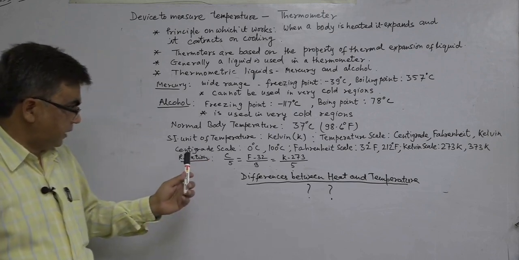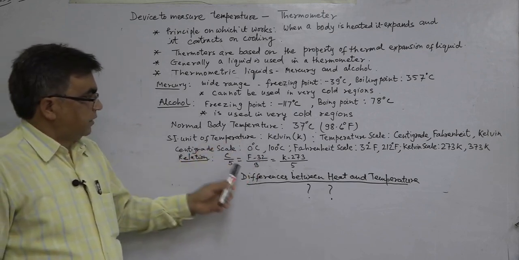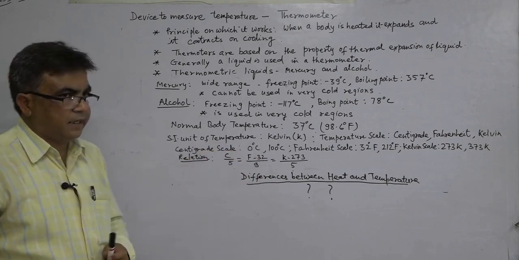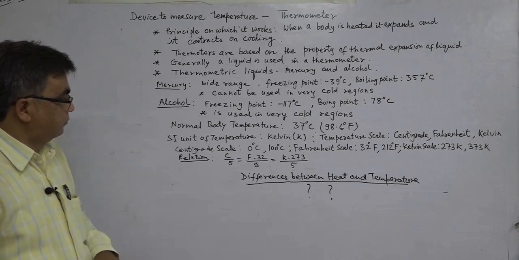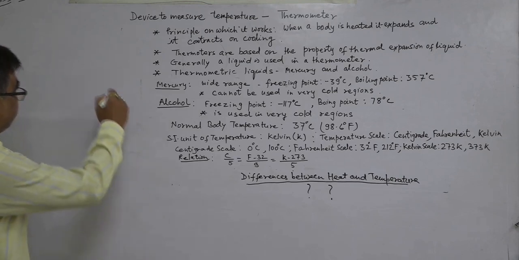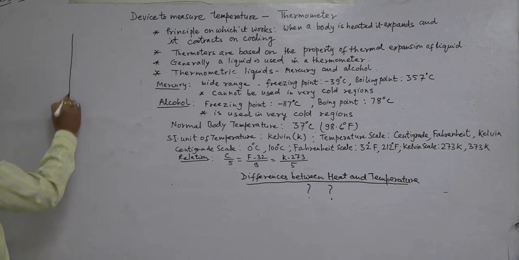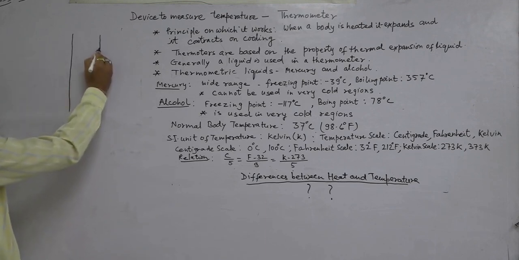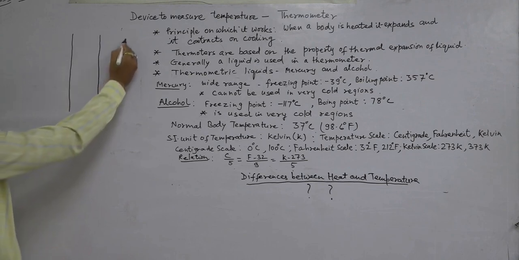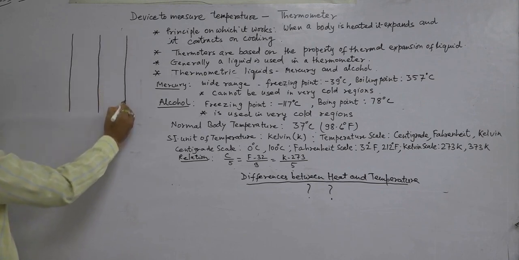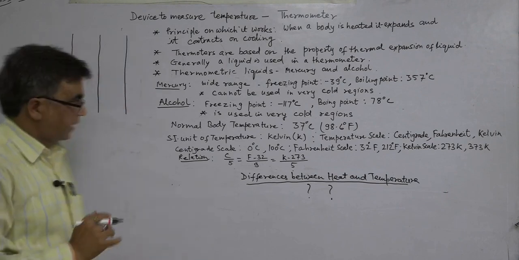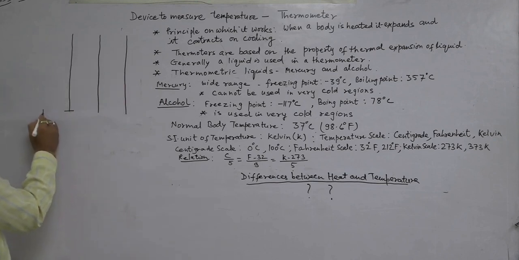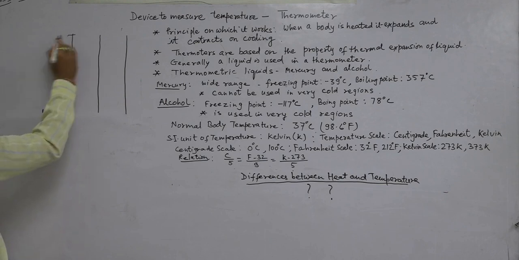Now, I will show you here the three scales. This is, suppose, the centigrade scale, this is your Fahrenheit scale, this is your Kelvin scale. What is done actually is that two points are fixed, called the lower fixed point and the upper fixed point.